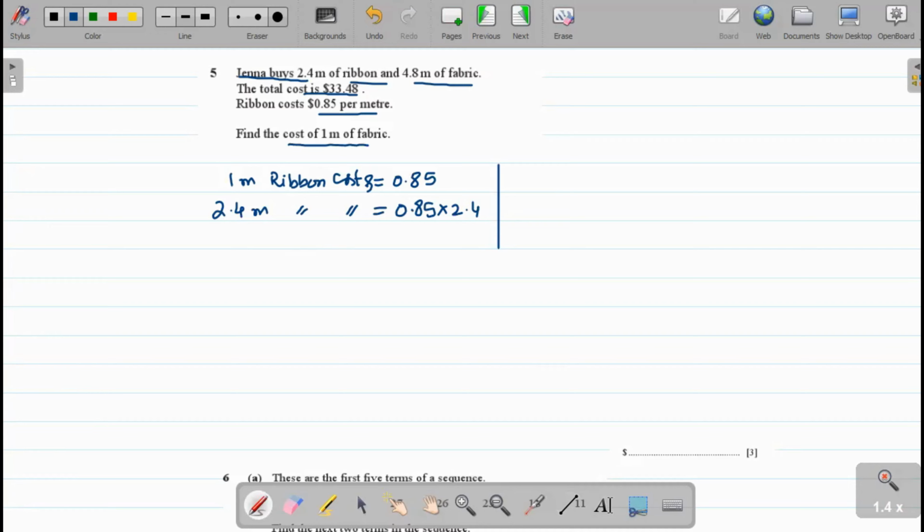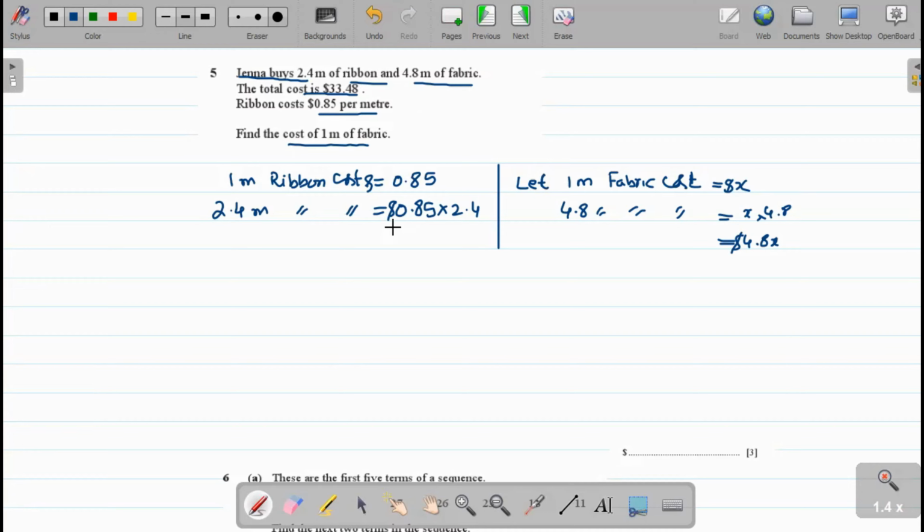Now let the 1 meter fabric cost be x, and the 4.8 meters of fabric cost will be x multiplied by 4.8. That value is equal to 4.8x dollars. Now the total cost is 33.48.